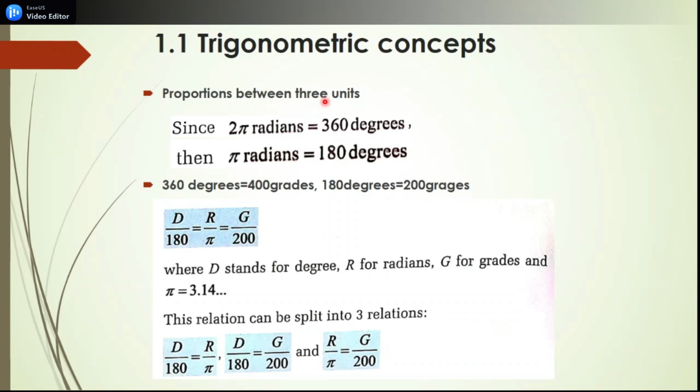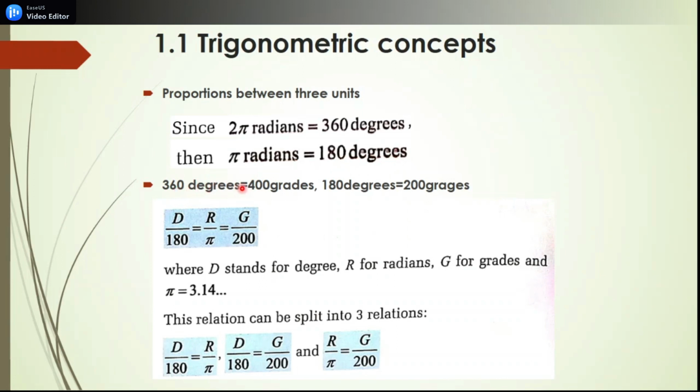Proportion between the 3 units. We know 2 pi is the measure in radians of the whole circle. Means the circle in 4 quadrants corresponds to 2 pi, or 360 degrees. Means 1 pi corresponds to 180 degrees.